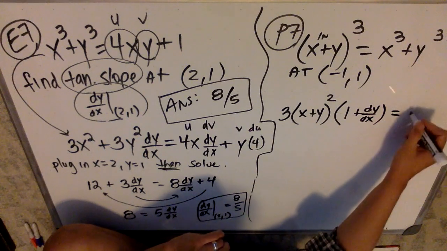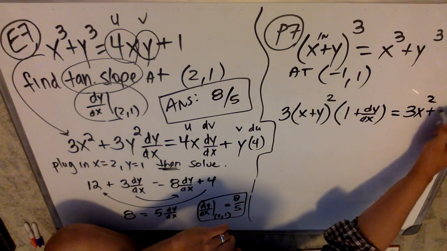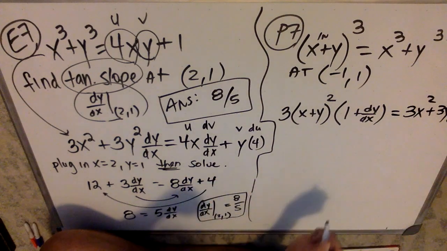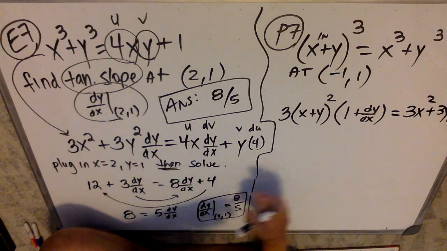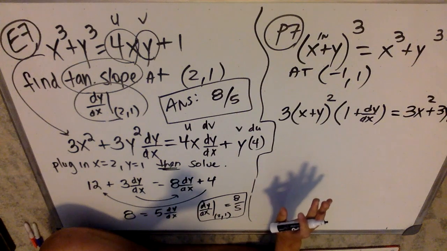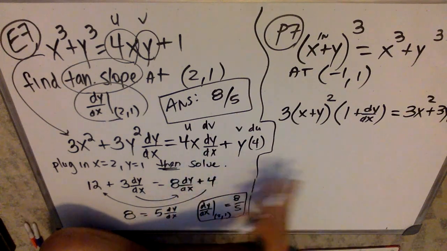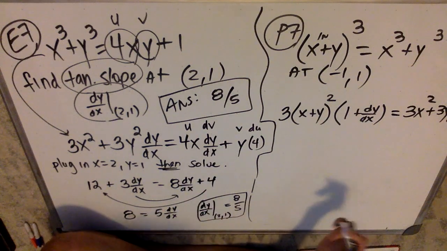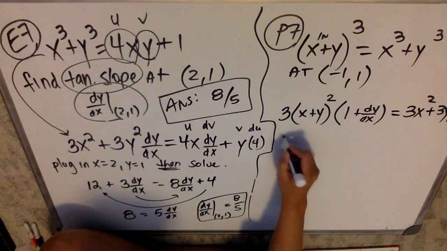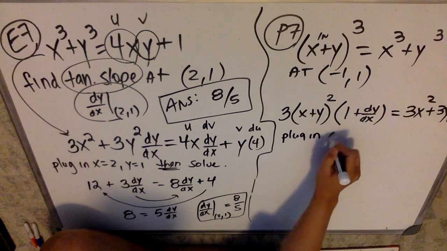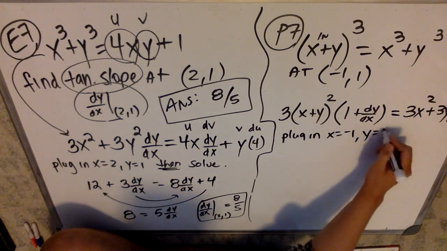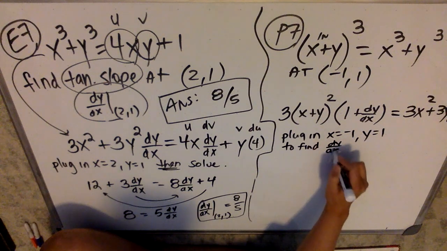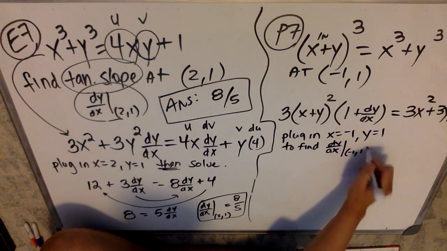On the other side, I'm going to get 3x squared plus 3y squared dy dx, because I differentiated with respect to y. Yet again, I'm going to point out that your best bet is to plug in x and y before trying to clean up this ugly mess, right? So when I do that, I'm going to plug in x equals -1 and y equals 1 to find dy dx evaluated at that point, -1, 1.